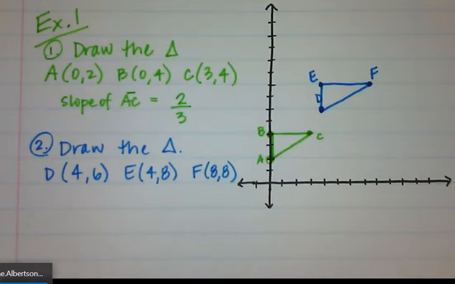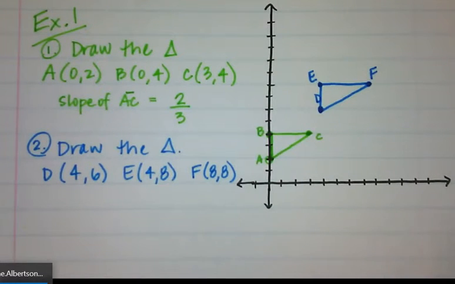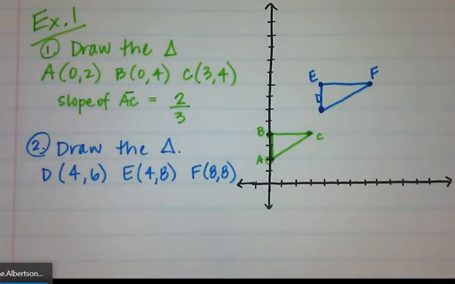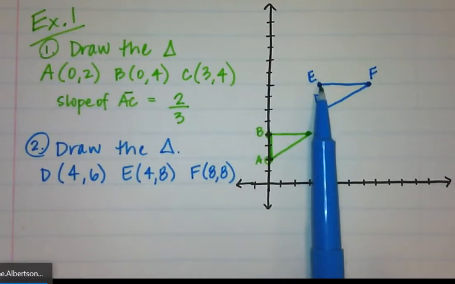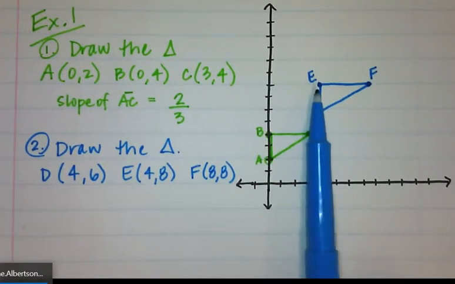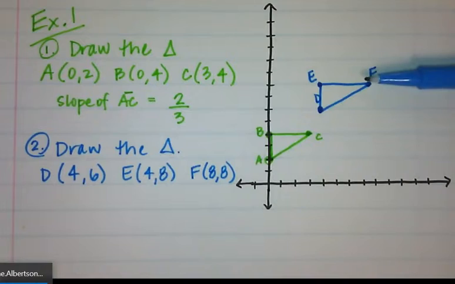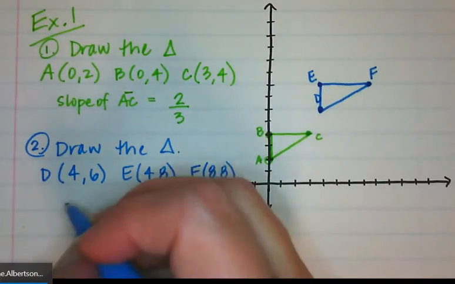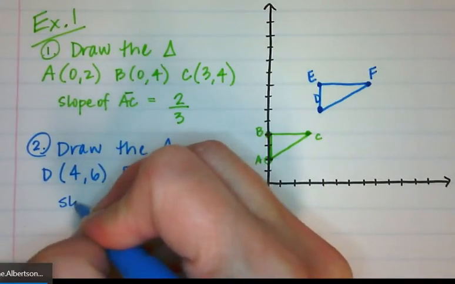Alright, so in order to show whether triangles are similar, we have to find the slope. And again, we're not looking for the slope of this piece because we know that this piece is undefined. And we know the slope of a horizontal piece is 0. So what we want to figure out is the slope of DF.